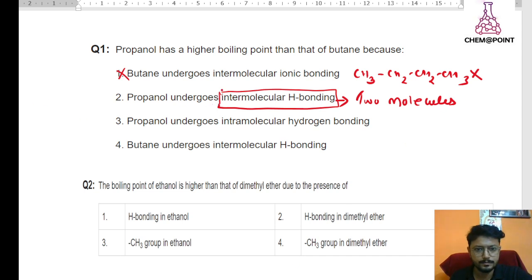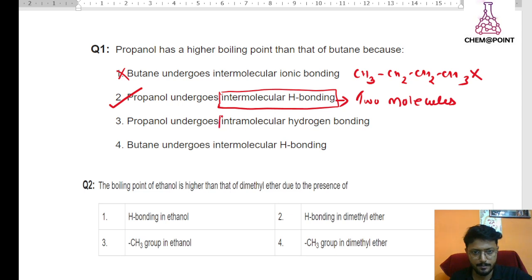So alcohols have intermolecular interaction, H bonding. That's why they have higher boiling points. Okay, the second option is correct. The third option is propanol undergoes intramolecular hydrogen bonding.